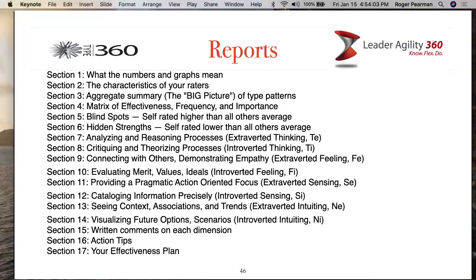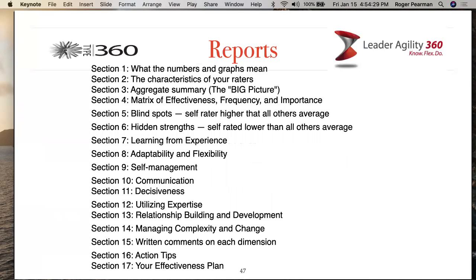It helps you look at the aggregate information, how these are perceived in relative degrees of effectiveness, what the blind spots and hidden strengths are, and how each of the 8 functions, in the case of type, or each of the 8 leadership competencies, in the case of leader agility, are utilized, with written comments provided by the raters, and then action tips that a person can choose to act on.